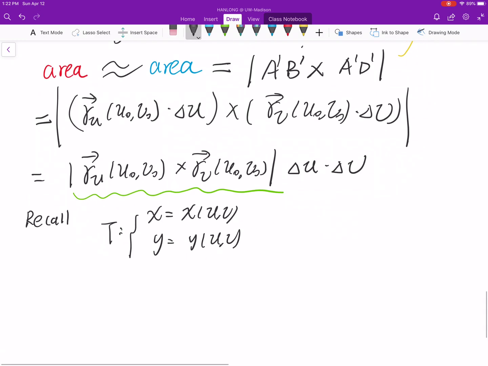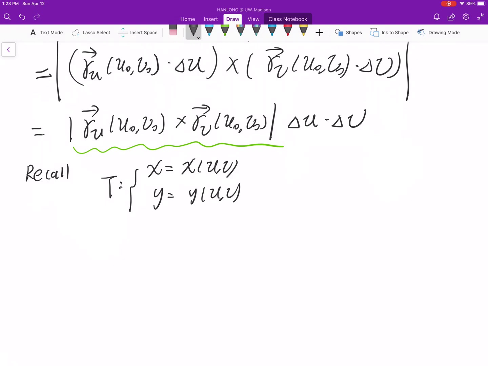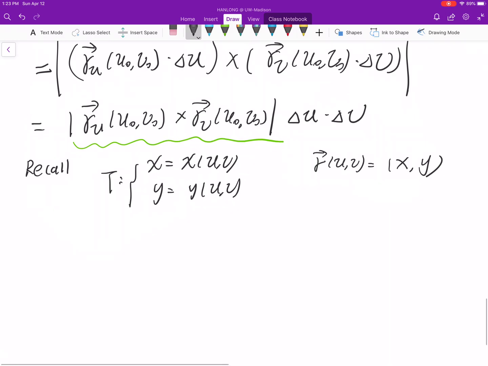Later on, we will combine the previous discussion and the current one. So what is gamma? Gamma is just the same notation for xy coordinates. You just put them together as a vector in vector form.